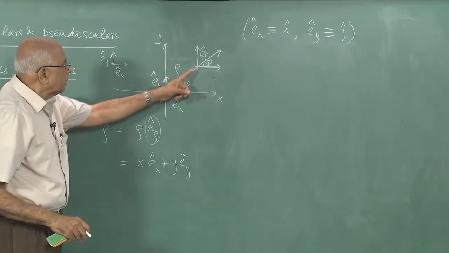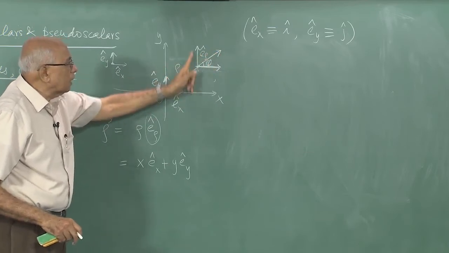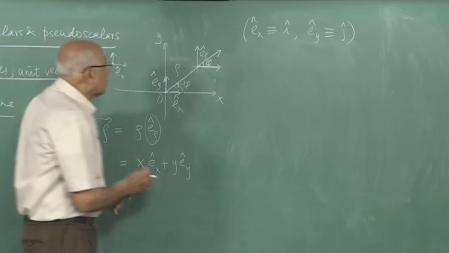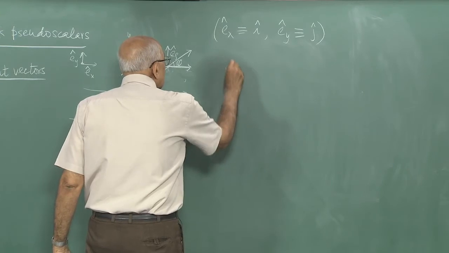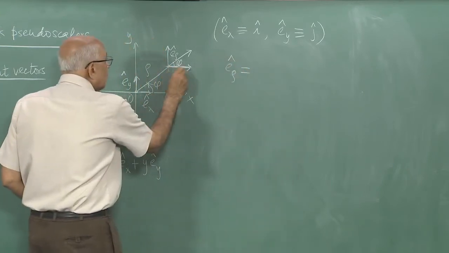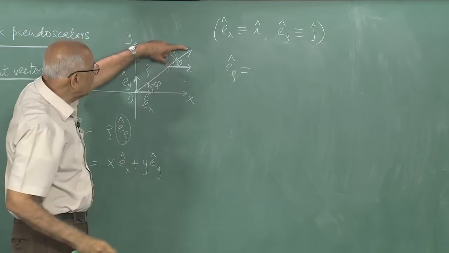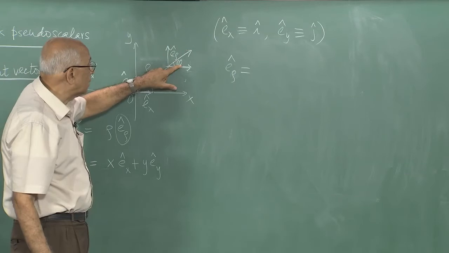Okay. So you have E rho pointing radially outwards, and this is Ex and that is Ey, and the question is, how do I write E rho in terms of Ex and Ey? It is obvious from this figure that E rho is composed of a vector along this direction and a vector along that direction. The magnitude of E sub rho is unity, and this angle is phi.